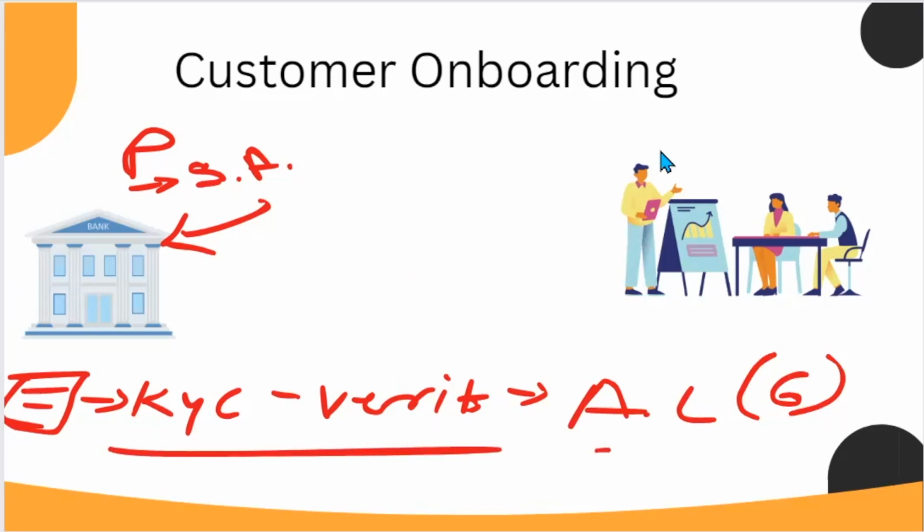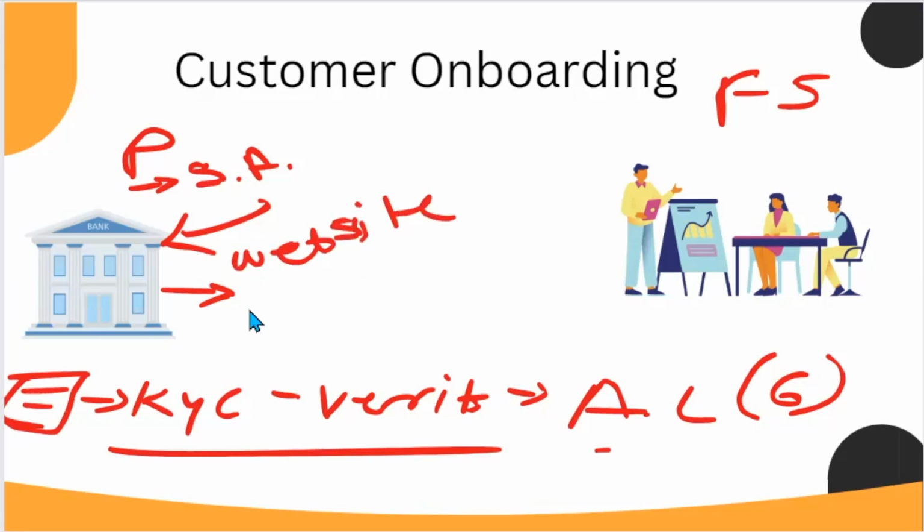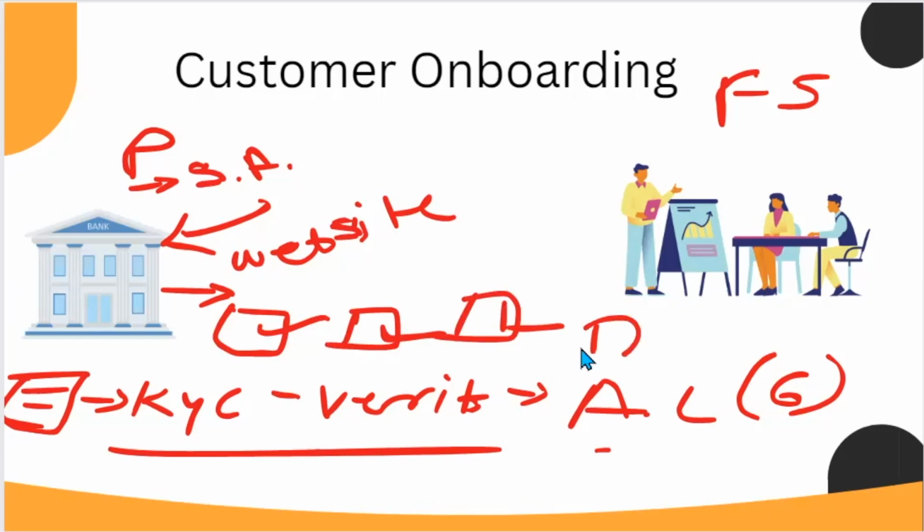But let's say you are using the FSC, you will have some pre-built flow which you can publish online. So a user who is using the bank website online can also fill the form online, right? They can do the online KYC. The bank can verify customer data online, and the account can be opened within 5 to 10 minutes.